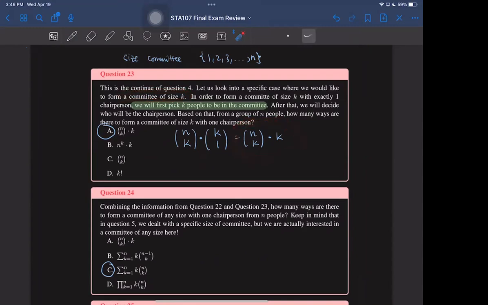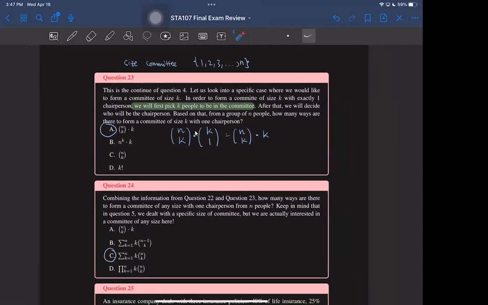And what are the possible values for k? We discussed in question 22 that the size of the committee can be 1, 2, up to n. So the summation has to range from k equal to 1 up to n. And for a specific k, there is a number of ways that you can form a committee. So the correct answer should be this one.